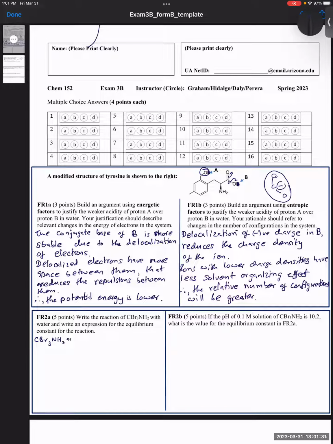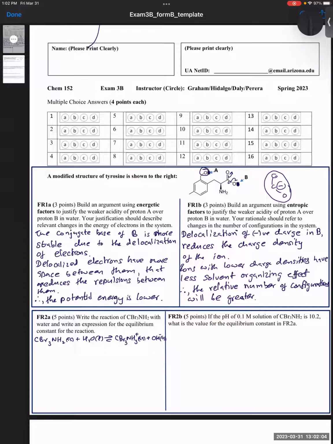CBr3NH2 aqueous with H2O: CBr3NH2 is an amine, therefore it's a base, and therefore we're going to have CBr3NH3+, because bases grab a proton from water, plus it's going to generate OH- ions, OH- aq. This should be the reaction of this molecule with water.